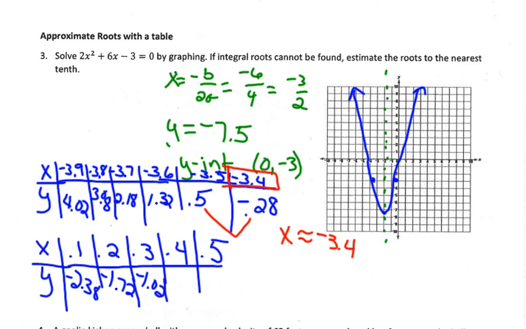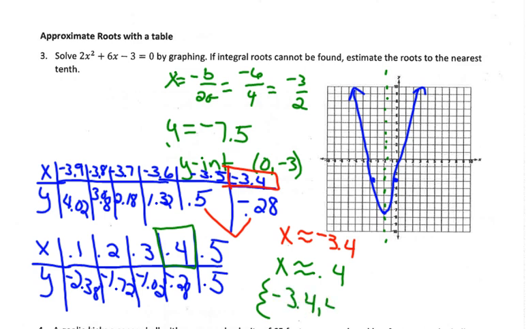We're still negative, getting closer to 0. Negative 0.28, and then positive 0.5. Again, I'm looking for where it changed, and this one is closer to 0. So my other approximation is 0.4. My solutions, my zeros, my roots, are negative 3.4 and 0.4, approximately.